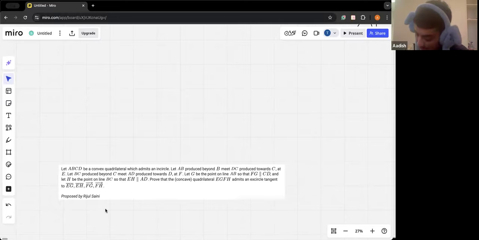Let's prove that EFGH admits. Yeah, okay, so if ABCD admits, EFGH admits. Oh, well, the diagram is not that horrible. It's indeed a concave quadrilateral.